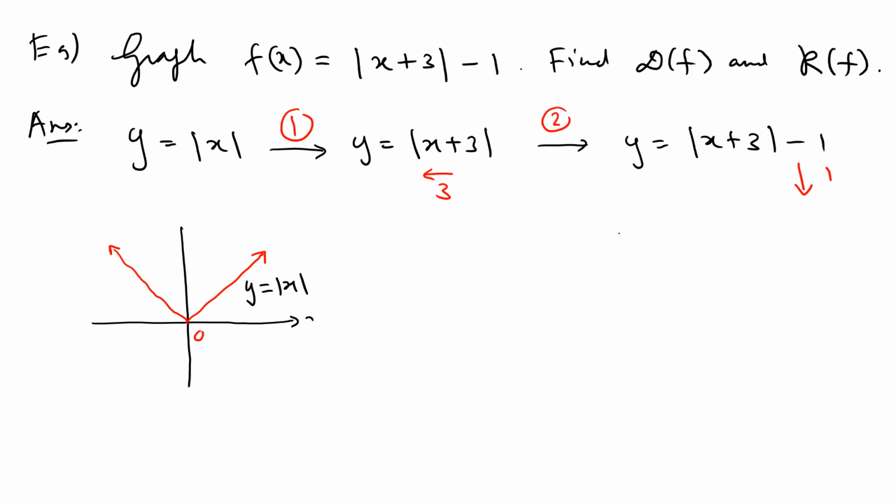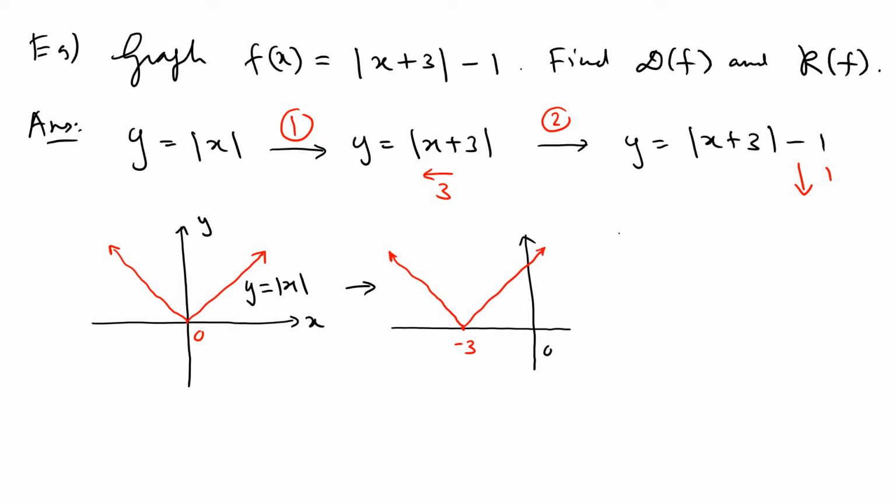That is the x-axis and the y-axis. We can move this one to the left by 3 units. I'm going to make a slight change to the axis because we need more room on this side. So we have 0 here. What happened now is that 0 moved to negative 3. So the new graph looks like this now.